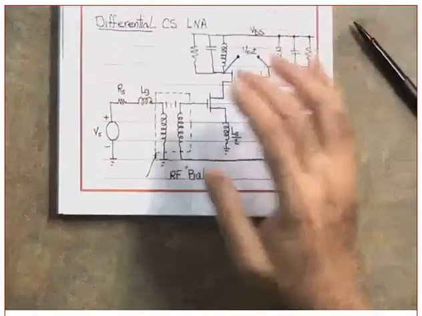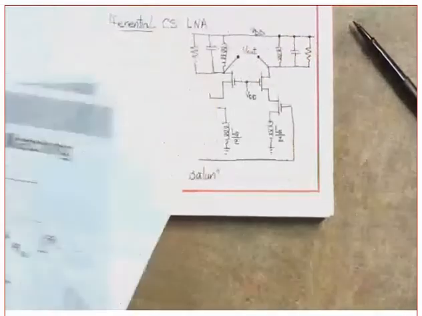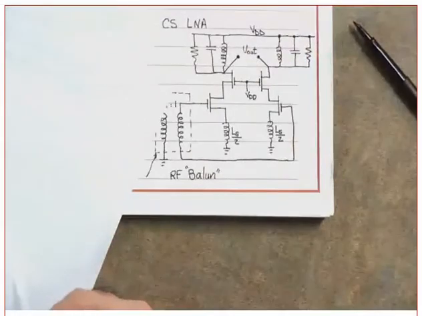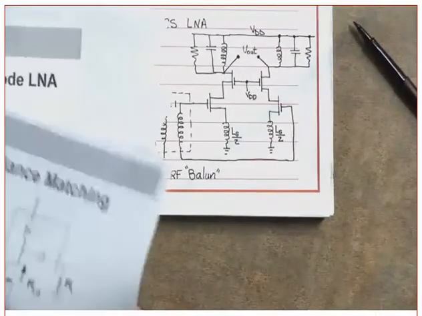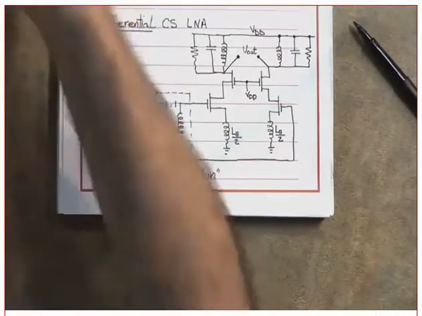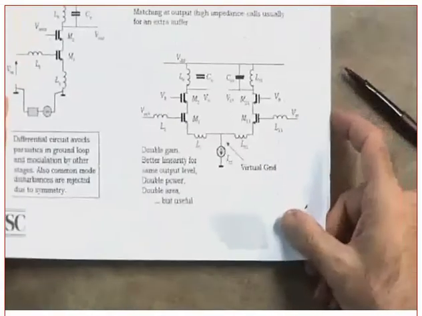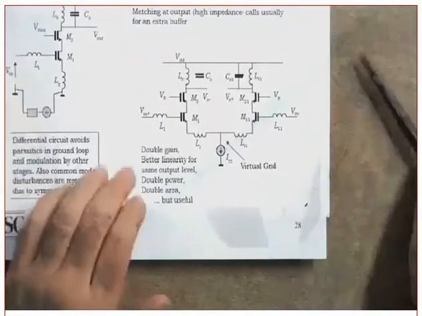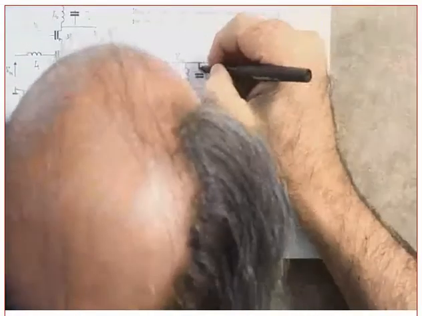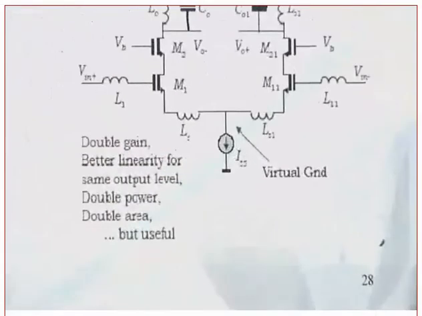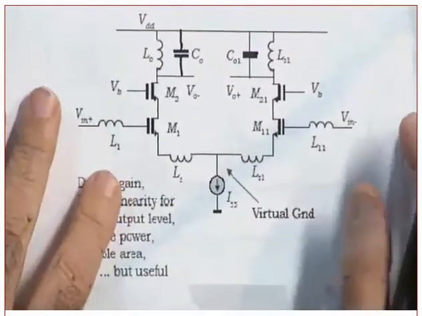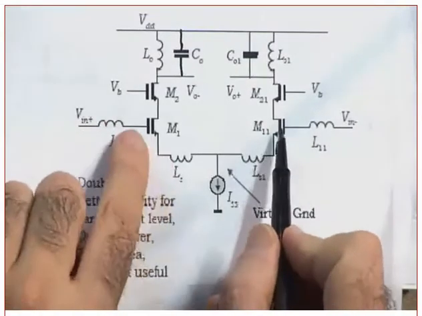Now, when you do have a differential output, the inputs, do you see the inputs? By the way, you can either design it this way, or you can look at it this way. Let me show it to you. Can you zoom in a little bit? You see this?